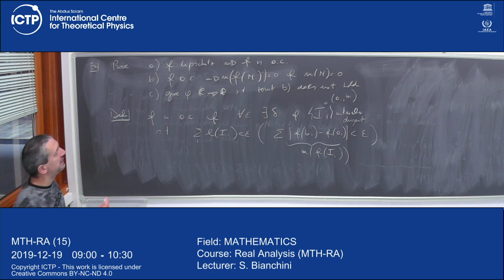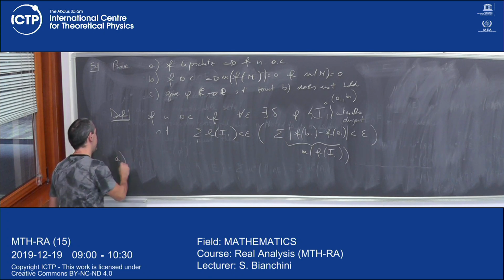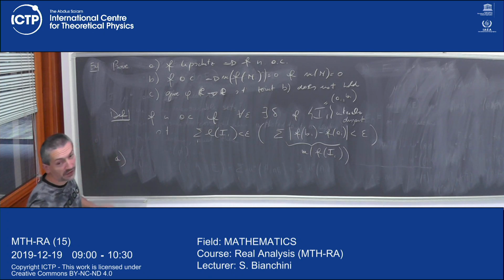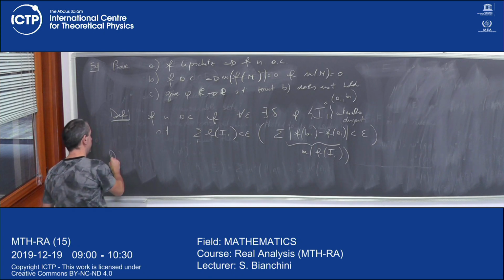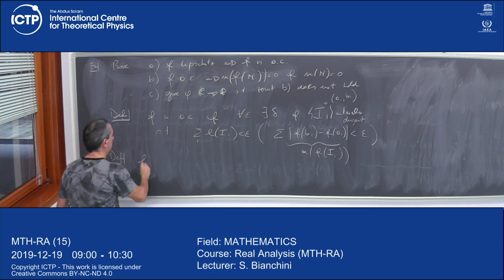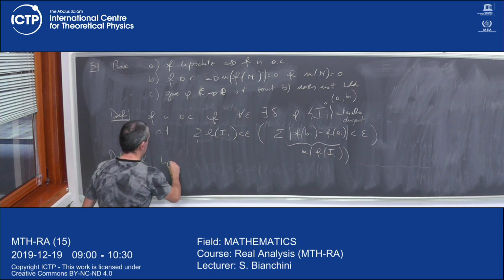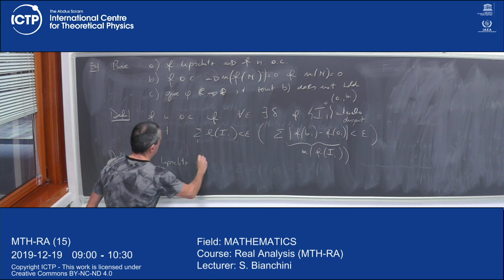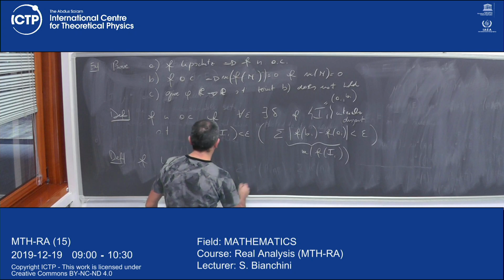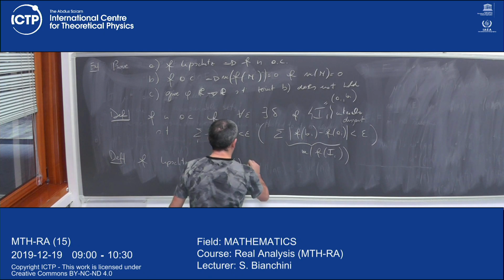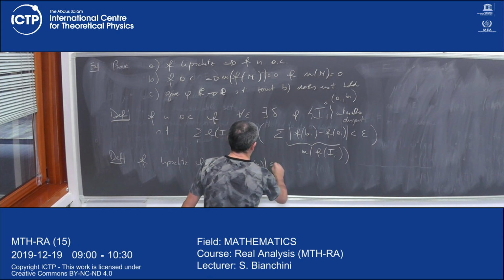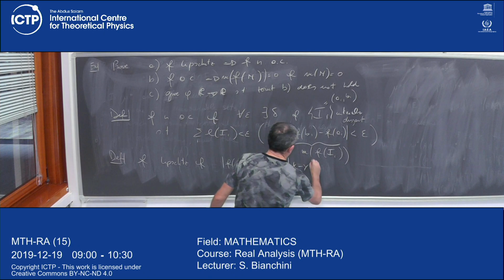Okay, so with this definition, point A: what is the definition of Lipschitz? F is Lipschitz if |f(x) minus f(y)| is less or equal than L times |x minus y|.